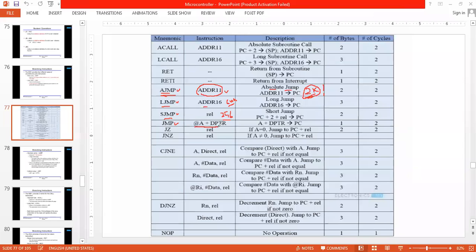Here the DPTR will have an external memory address, A has the index address. Then DPTR plus A will be added, and that location is going to be stored into PC.